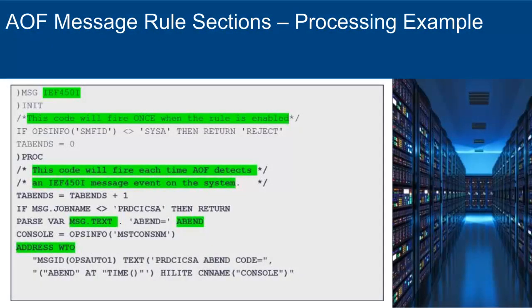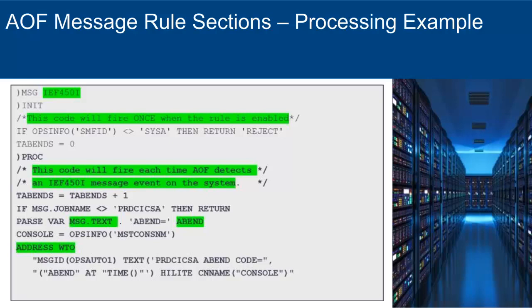This example builds upon the event definition and initialization examples. A combination of AOF tools like Rex, AOF variables, and OpsRex host environments is used to send an alert message to the Sysplex master console if the job named PRDCICSA abends. The init section runs code that will fire once when the rule is enabled.